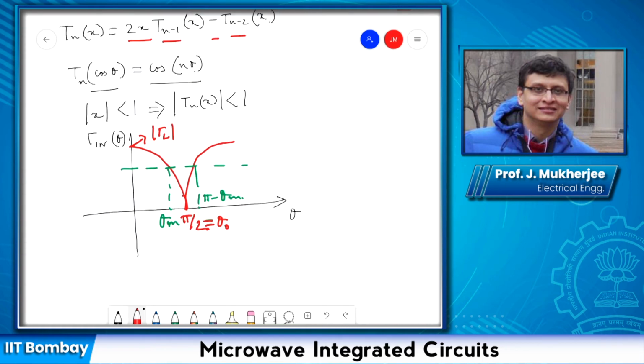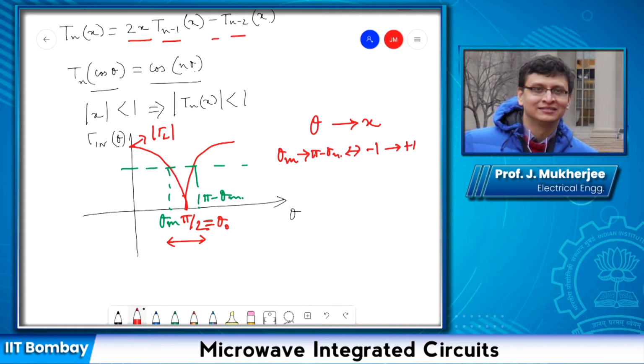Now here, if we could devise a function or a relation between theta and x, so that when theta lies between theta m and pi minus theta m, that is basically this frequency range, x will lie between -1 and +1.